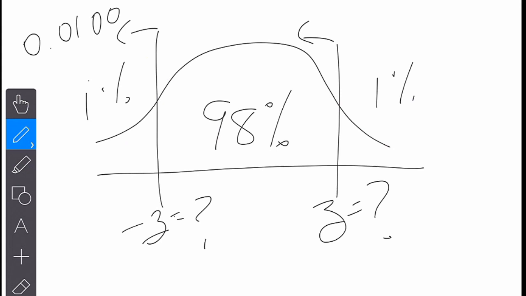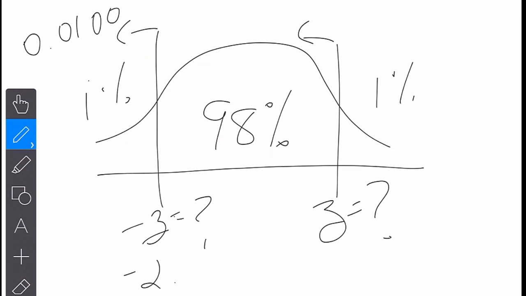You can go onto your z table and look for that. On the z distribution, you should pull it up. This would be -2, the closest one is -2.3. No, wait.